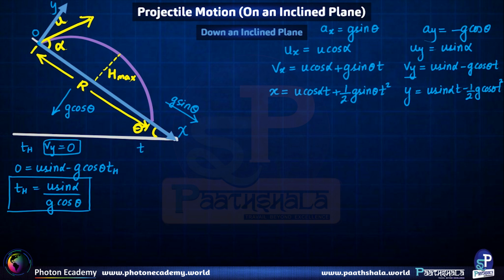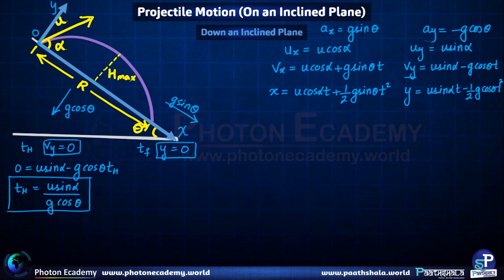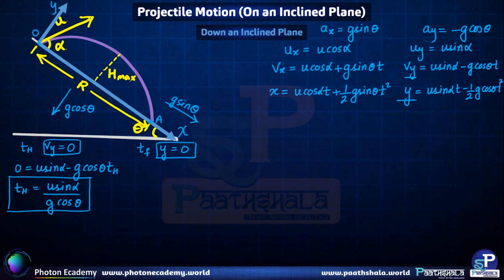In order to find the time of flight, we again use the same logic, which happens to be y is equal to 0 at time of flight, because the projectile is going to go up and then down again, and the net displacement in the y direction when it reaches the point A, which is the landing point, is going to be equal to 0. So putting y displacement as 0, I am directly going to write down 0 is equal to, again taking the liberty to take t common outside, t times u sine alpha minus half g cos theta t.